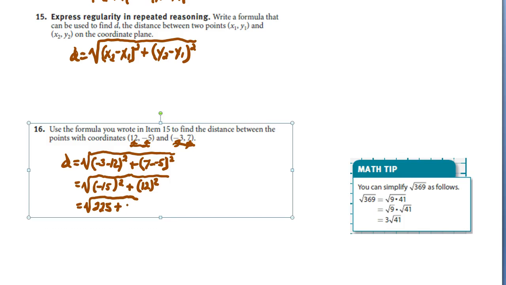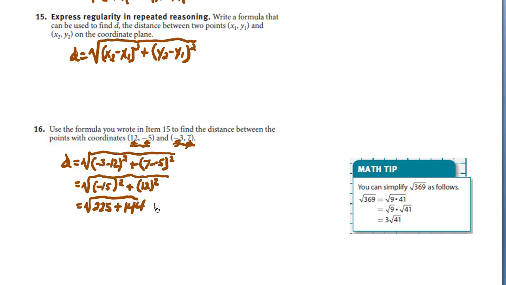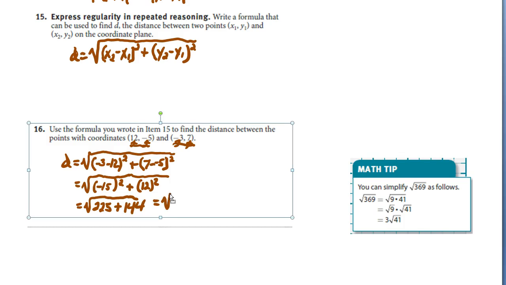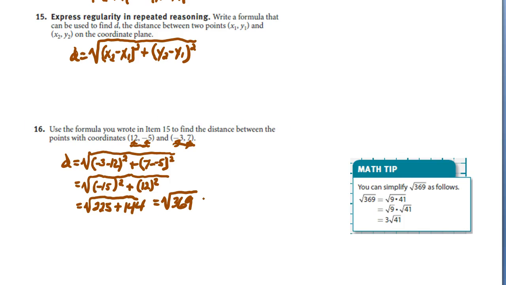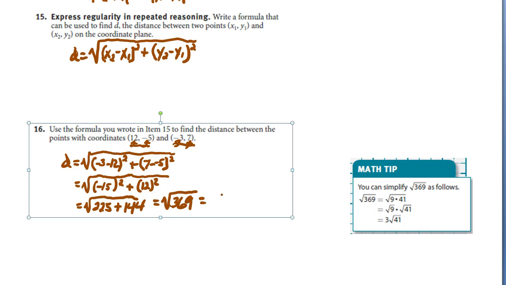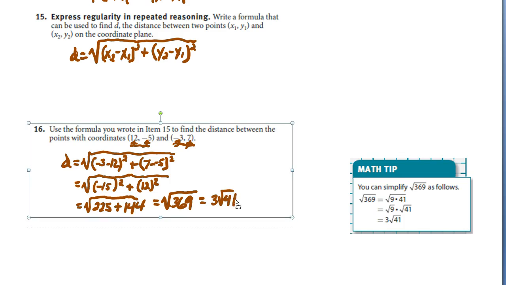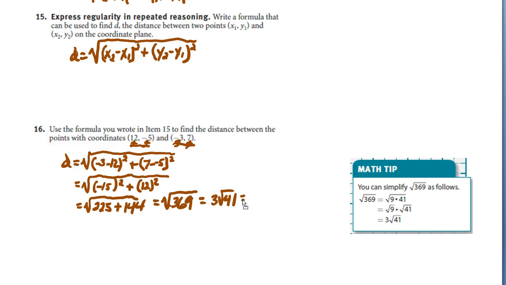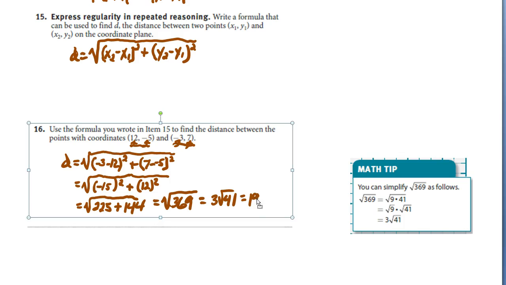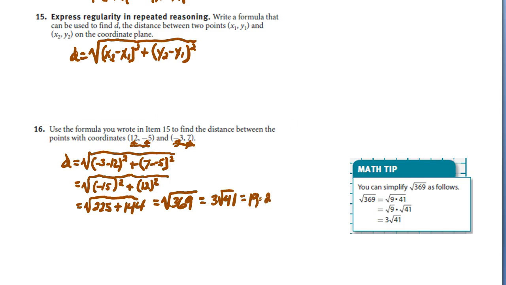Plus 12 squared is 144. Combining the two terms in the square root symbol, those add up to 369. And then with a calculator, if you type that in, we get the result 3 times the square root of 41. Depending on the context of the actual problem you're working, you might need that result as a decimal number. And so this is equivalent to 19.2.